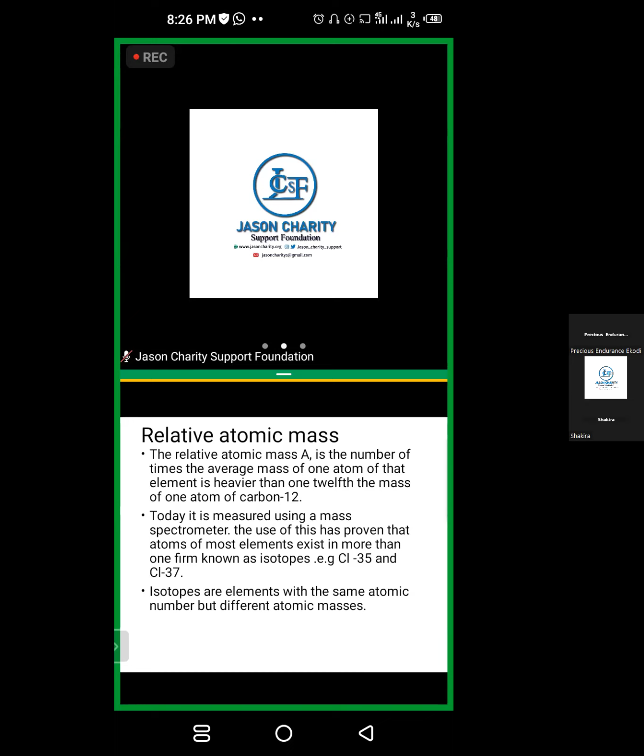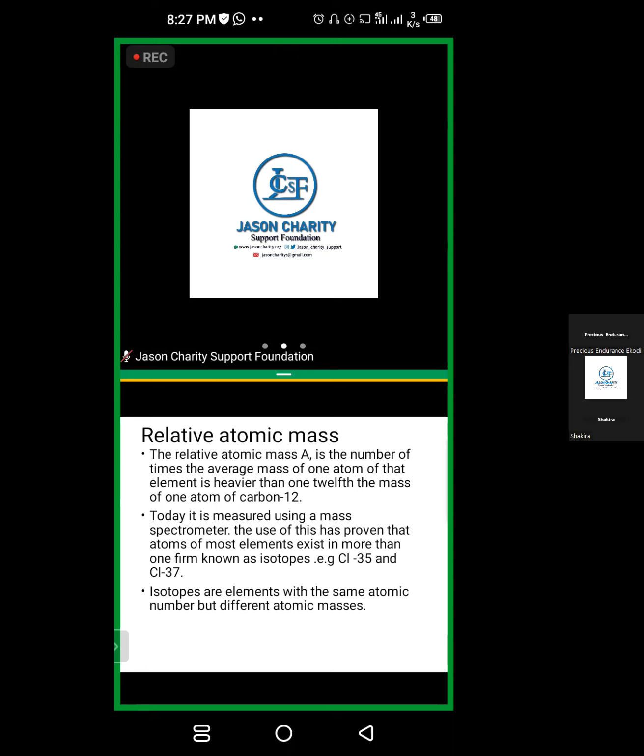Now, today, we do not go by dividing the atomic mass of this element by 1/12 of carbon. What they use to determine the relative atomic mass is called the mass spectrometer. So the mass spectrometer gives accurate measurement of the atomic masses of different elements.